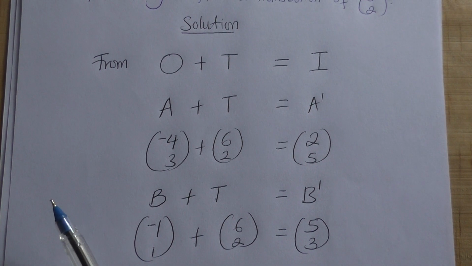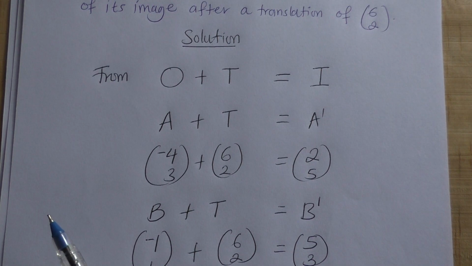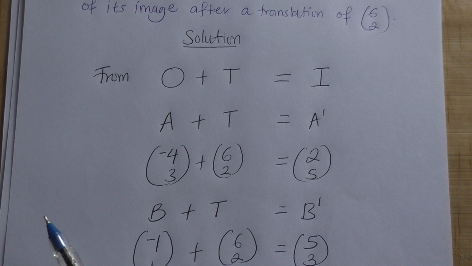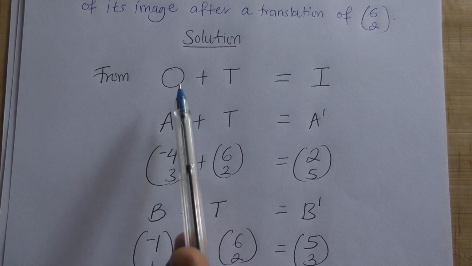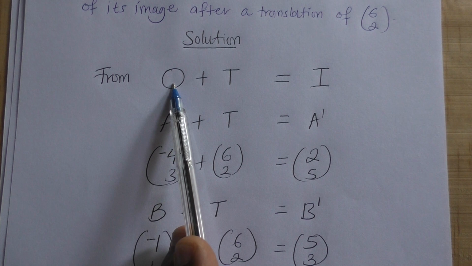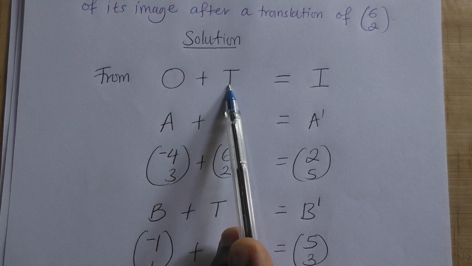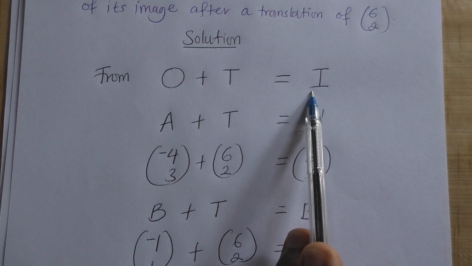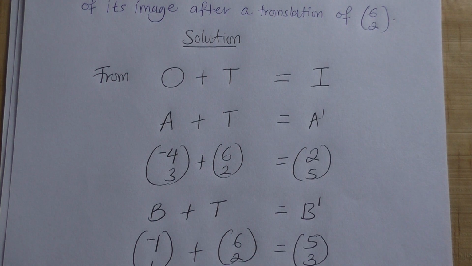These points are undergoing a given translation, and therefore, for us to get the images of these vertices of the triangle, we shall use our formula, which says that object vector plus the translation vector gives us the image vector.